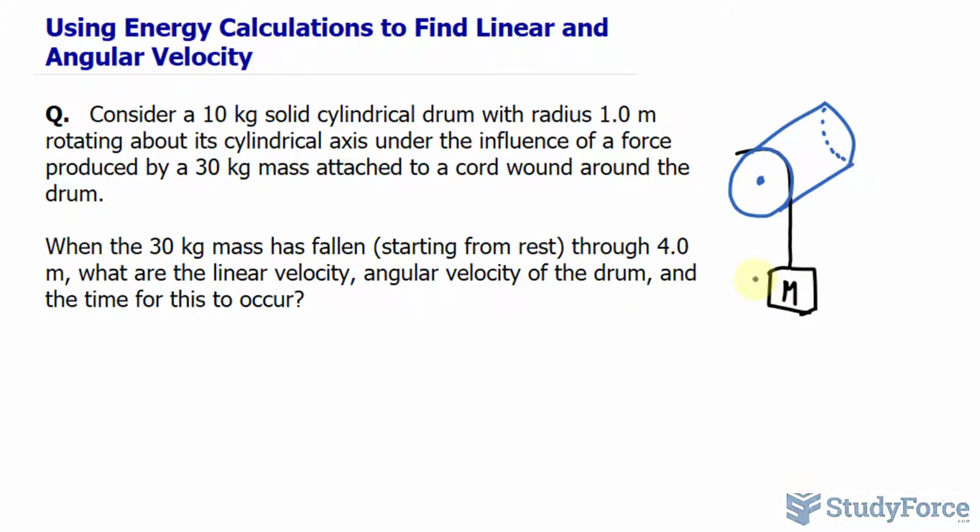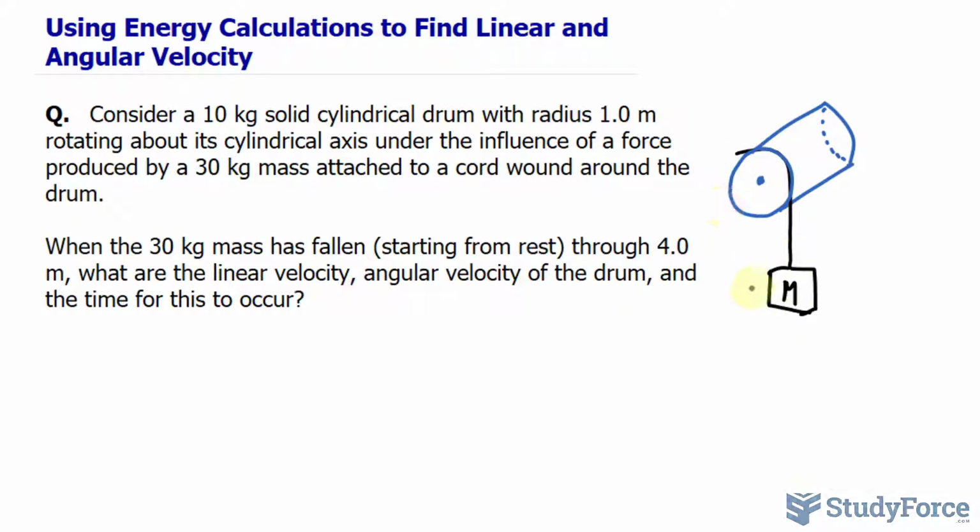What we're supposed to do is find the linear velocity and angular velocity, and the way we're going to do this is by incorporating ideas of potential energy. Given that this is hanging from a cord, it does have potential energy in it, kinetic energy, and rotational kinetic energy as a result of this drum turning.